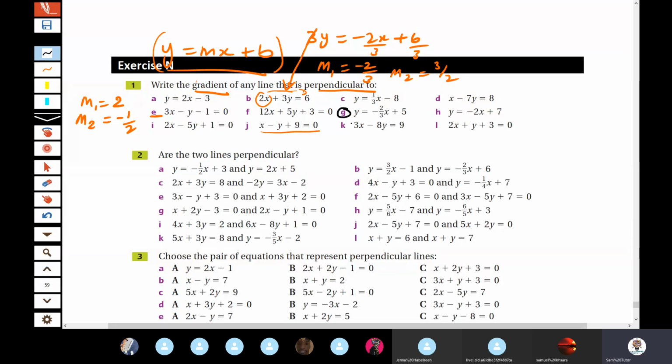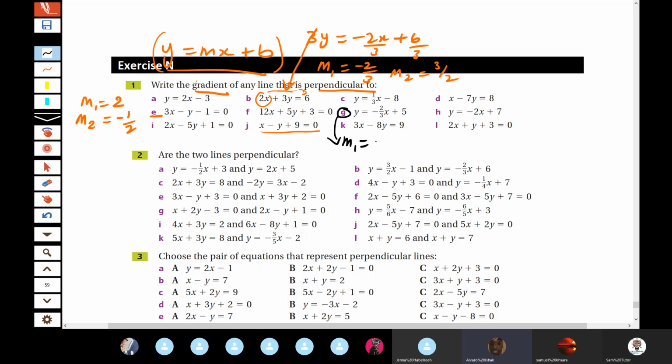Let's try G with Alvaro. I know you would have missed a bit of this, but tell me, do you know what the gradient is? The number in front of the x. So what's your gradient? The number in front of the x. This number right here.